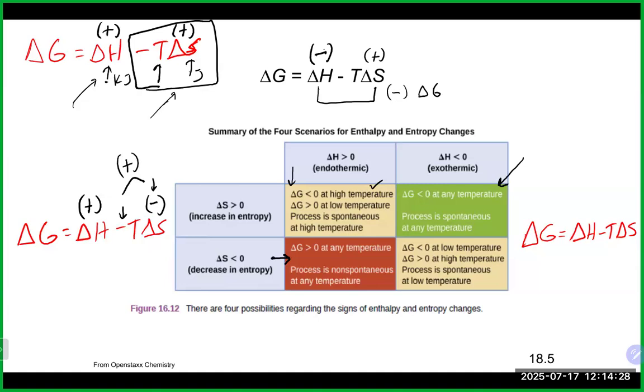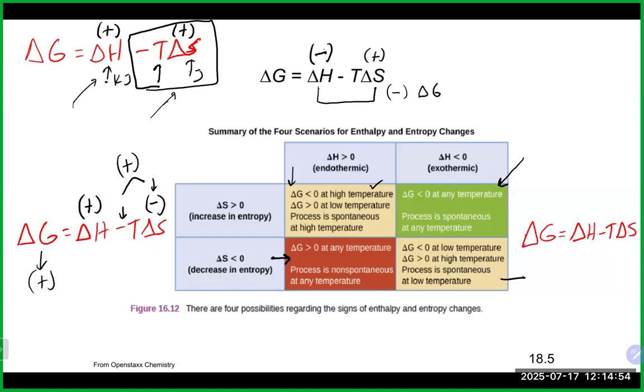And now you basically have two positive numbers. So no matter what you do in this situation, you're going to hit a positive delta G value. And that means this reaction is going to be non-spontaneous at pretty much all temperatures. It really will not proceed spontaneously at any temperature.